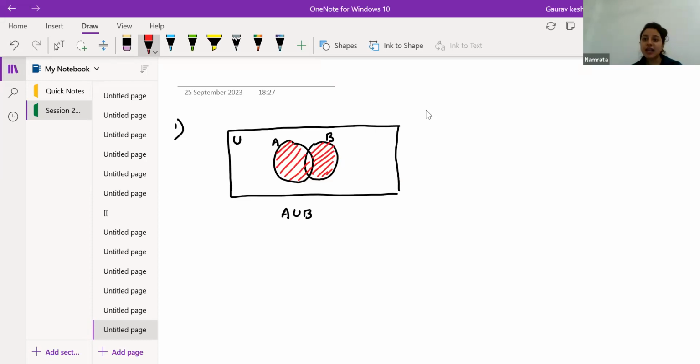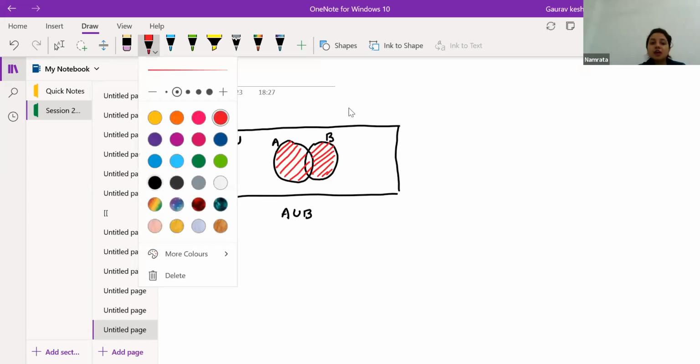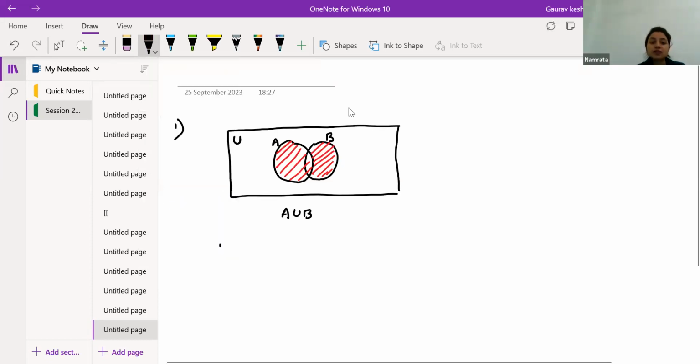Similarly, if we have to draw the Venn diagram of A intersection B, then how will we plot? So same way, first we will be drawing the universal set.